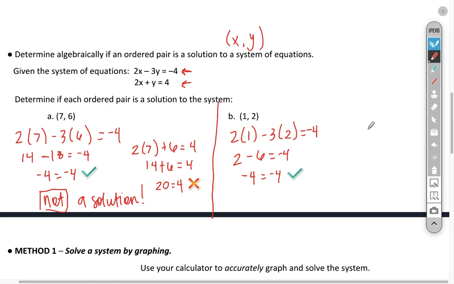And our last one is 2 times 1 plus 2 equals 4, which gives us 2 plus 2 equals 4, which is 4 equals 4. So once again, we have a match, which means we have a solution.